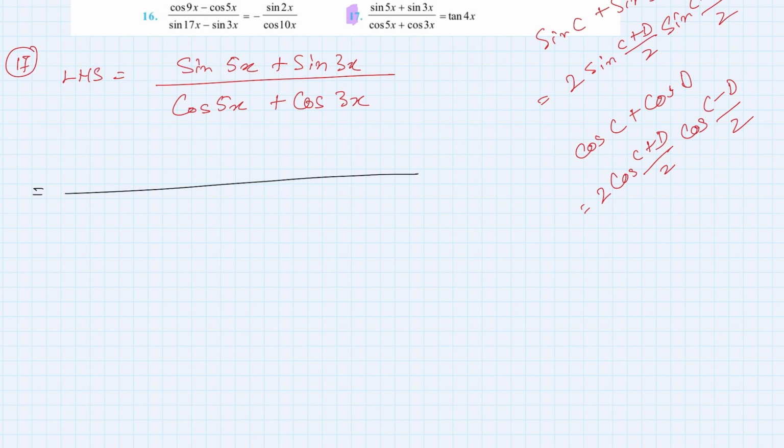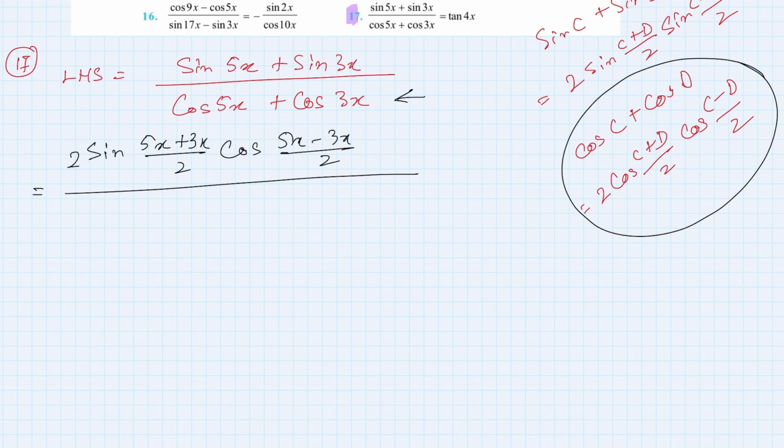So for the numerator we are going to have 2 sin (5x plus 3x) divided by 2, then cos (5x minus 3x) divided by 2, and for the denominator we are going to have 2 cos (5x plus 3x) divided by 2, cos (5x minus 3x) divided by 2.